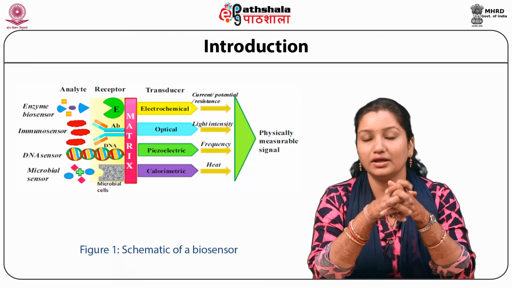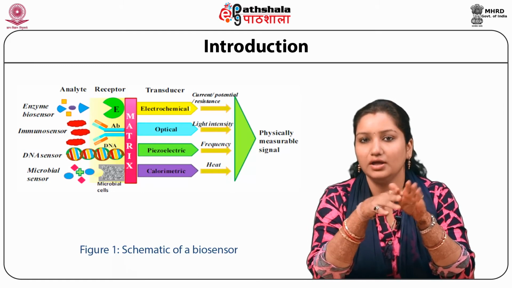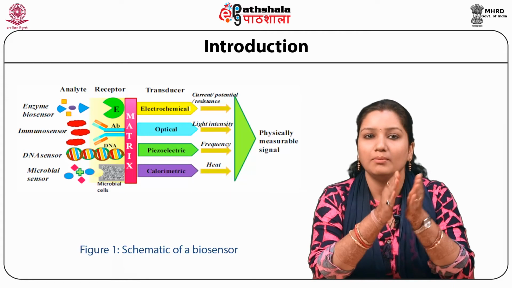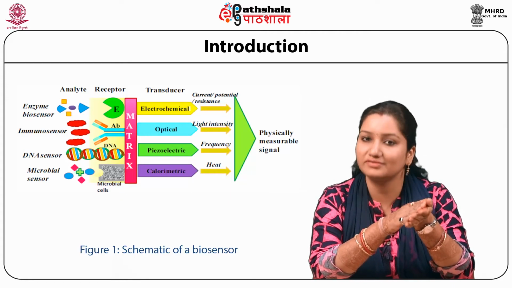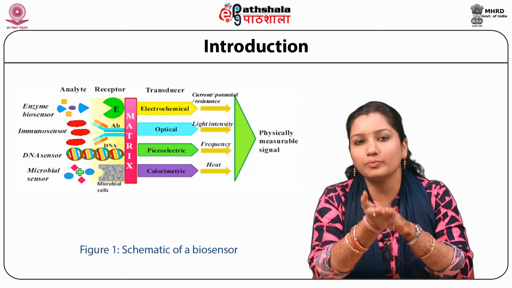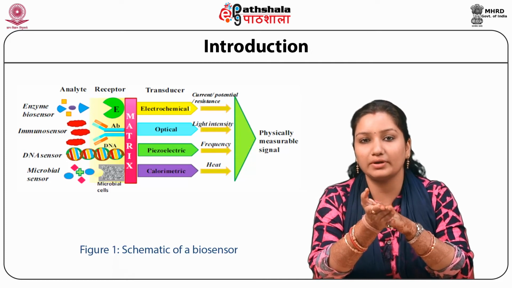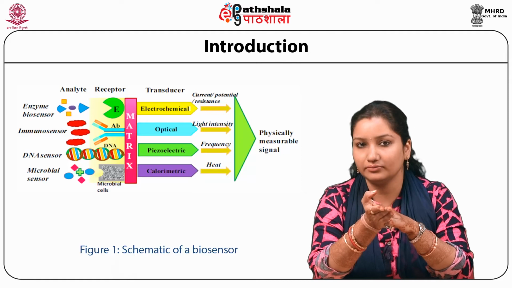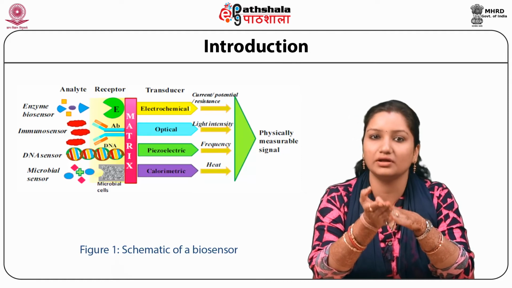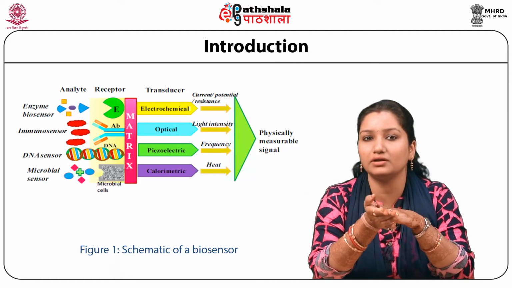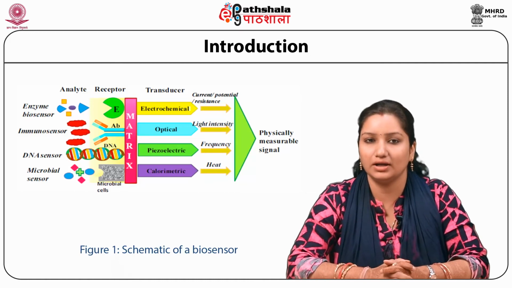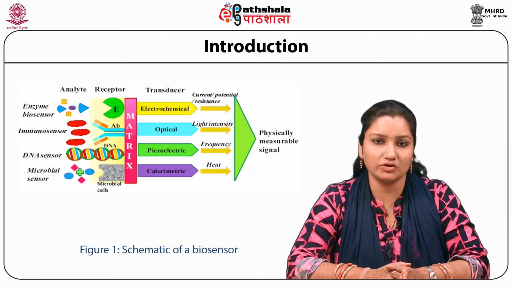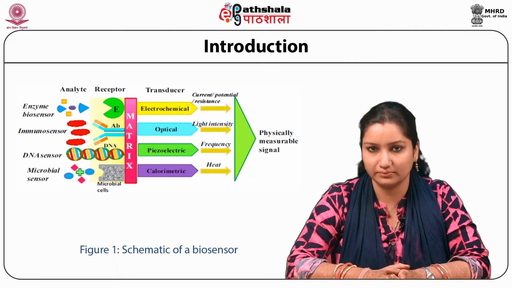A biosensor is an analytical device that combines a biologically active component, which is called a receptor, with an appropriate physico-chemical transduction element, which can be electrical, thermal, or optical, etc., for the detection of a bioanalyte, or in simple language, biomolecules.